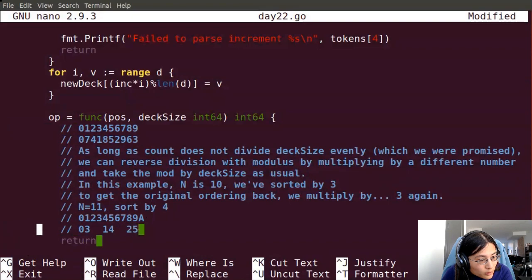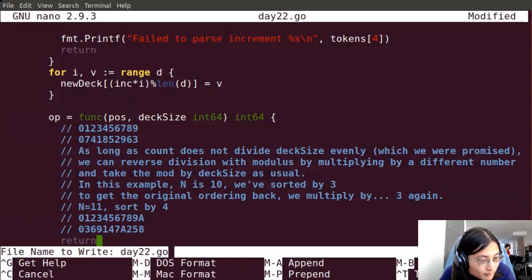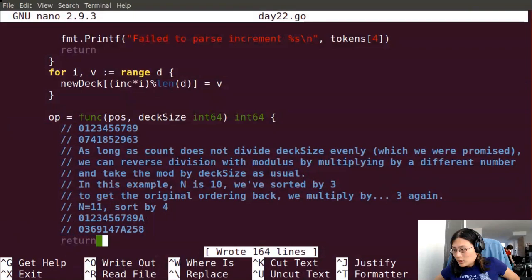One, 2, 3. That's definitely coprime. What did I do wrong? 6. Oh, 7 here. 4, 8. Okay, now that's right. 9 and 8. Okay. All right, so let's check this over.